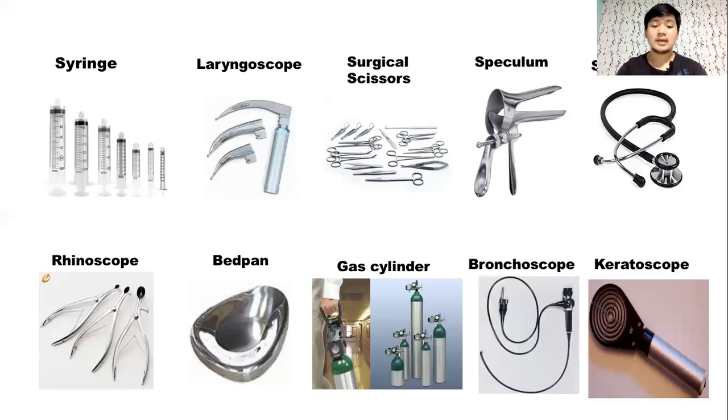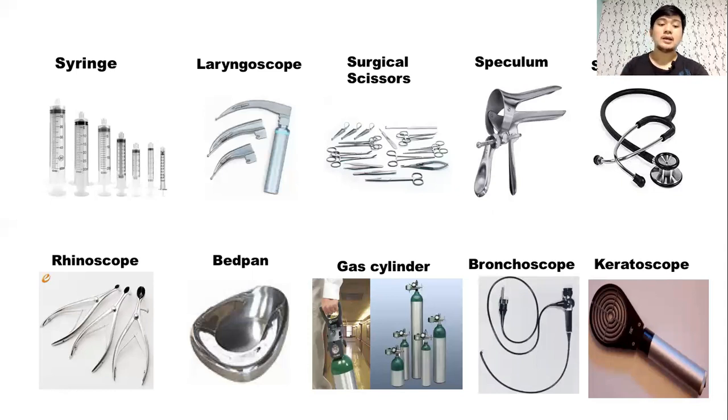Next is gas cylinder. This is to supply oxygen, nitrous oxide and carbon dioxide. And bronchoscope, an instrument for examining and providing access to the interior of the bronchial tubes.